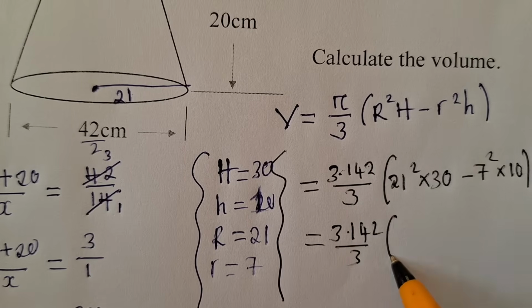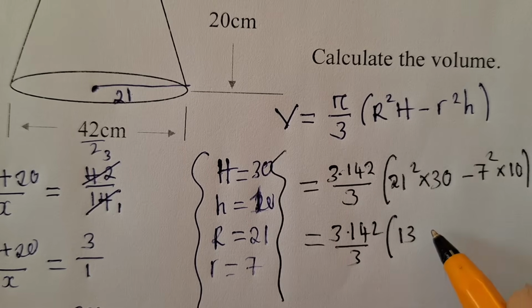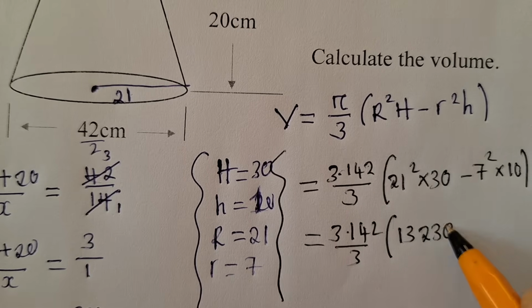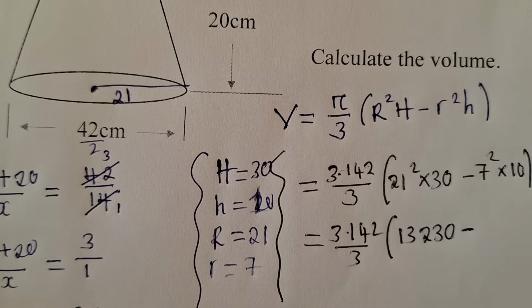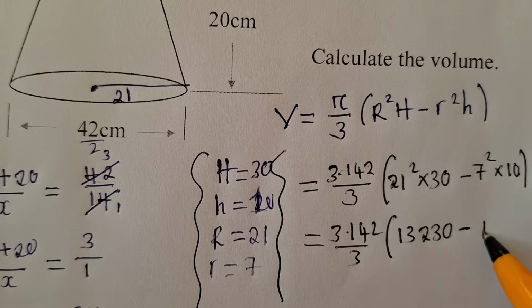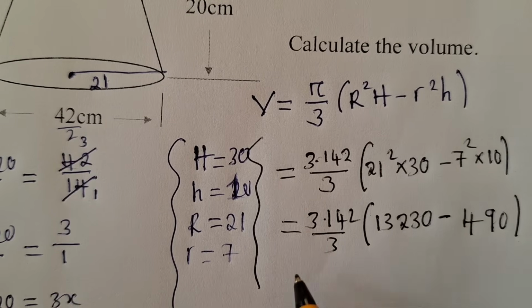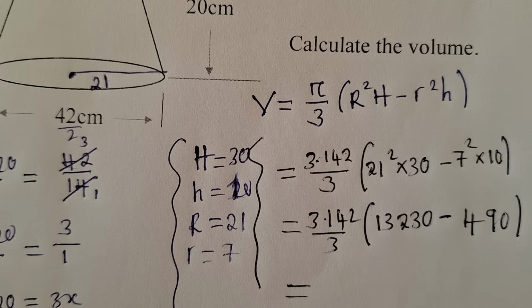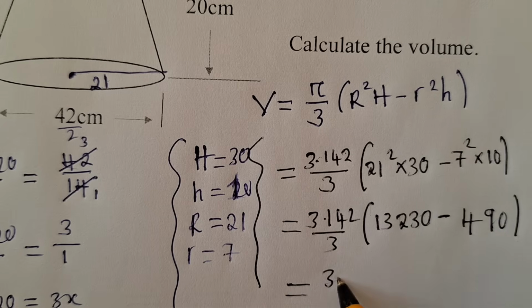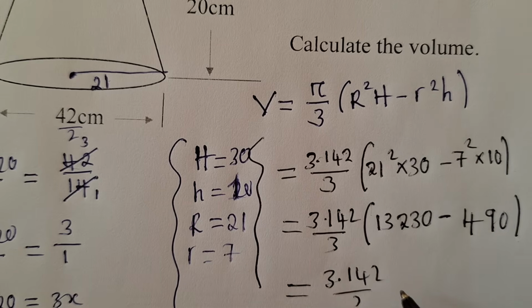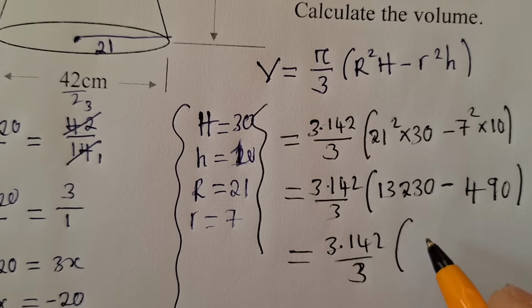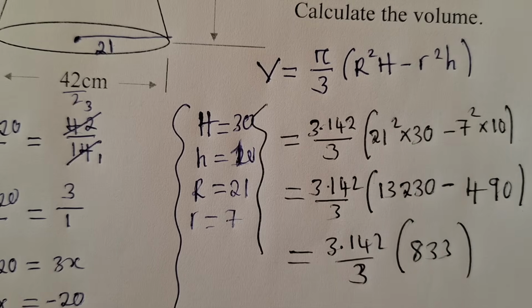So 3.142 over 3, open bracket, 13,230 minus. So 7 squared times 10, this is giving us 490. When we simplify further here, we are getting 3.142 over 3, and then here it's giving us 833. So let me just confirm.